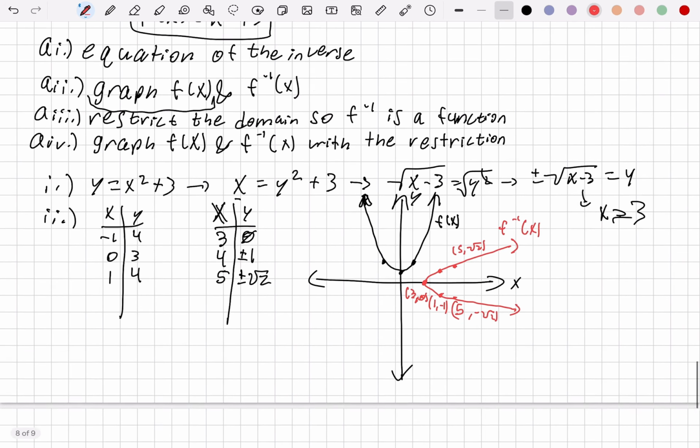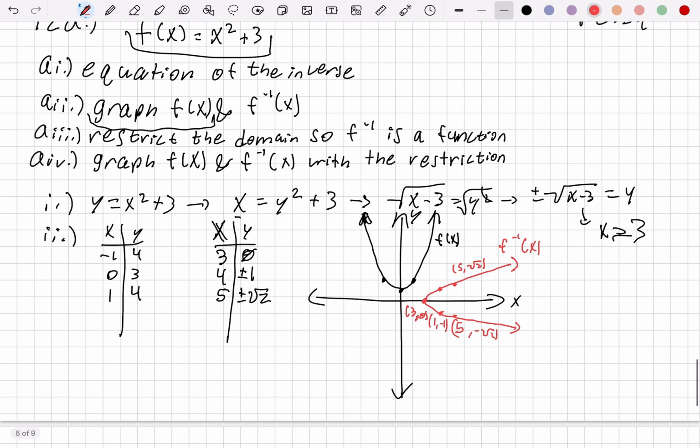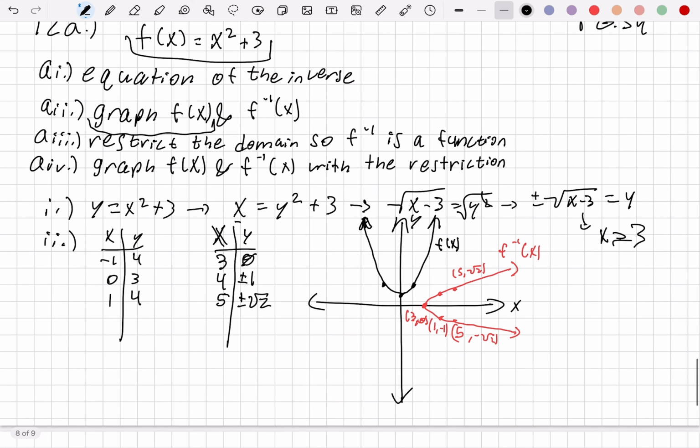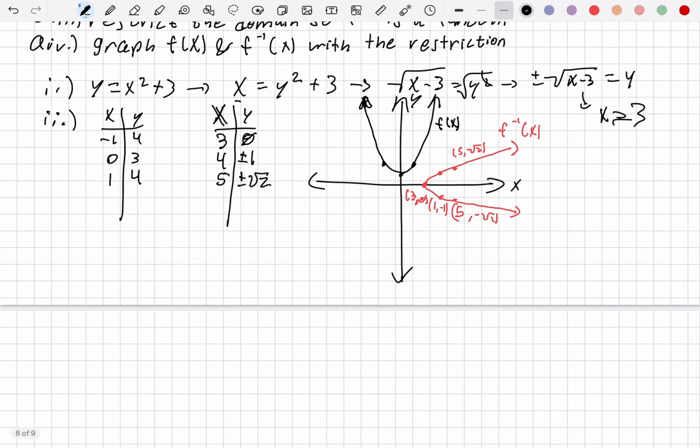So now, next question is, restrict the domain so that the inverse function is a function. Now, if we think about here, because obviously this does not pass the vertical line test, what we can do is restrict the domain of f of x so that our inverse only has about half.